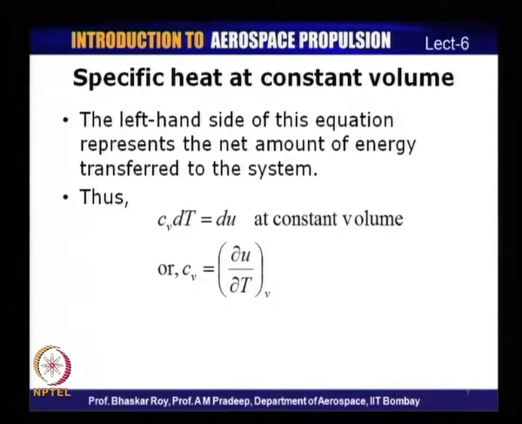And therefore, the left hand side is actually equal to C V times d T, because C V is specific heat at constant volume, and as per the definition of specific heat, it is the amount of energy required to raise the temperature of a unit mass of a substance by one degree. Therefore, the left hand side of the equation is equal to C V times d T, which is equal to d u, and therefore, specific heat at constant volume, denoted by C subscript V, is equal to del u by del T at constant V. So, specific heat at constant volume is defined in terms of two properties of a system, internal energy and temperature.